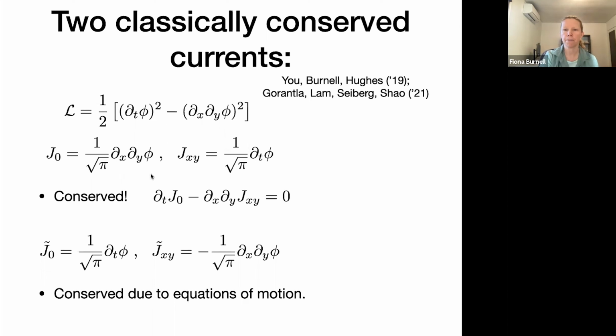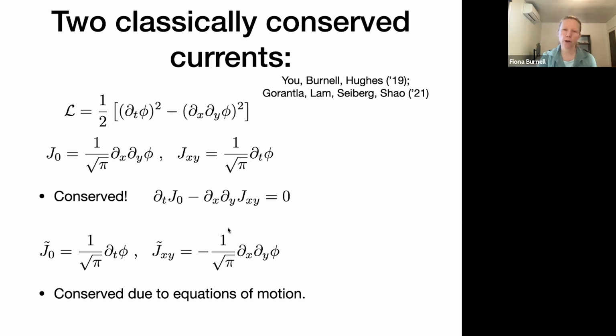This current is again automatically conserved just because dt of dx dy phi is equal to dx dy of dt phi.